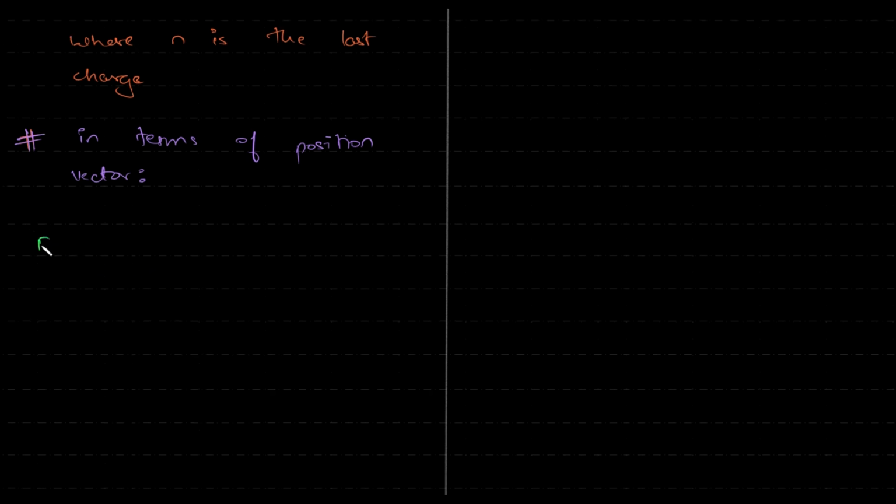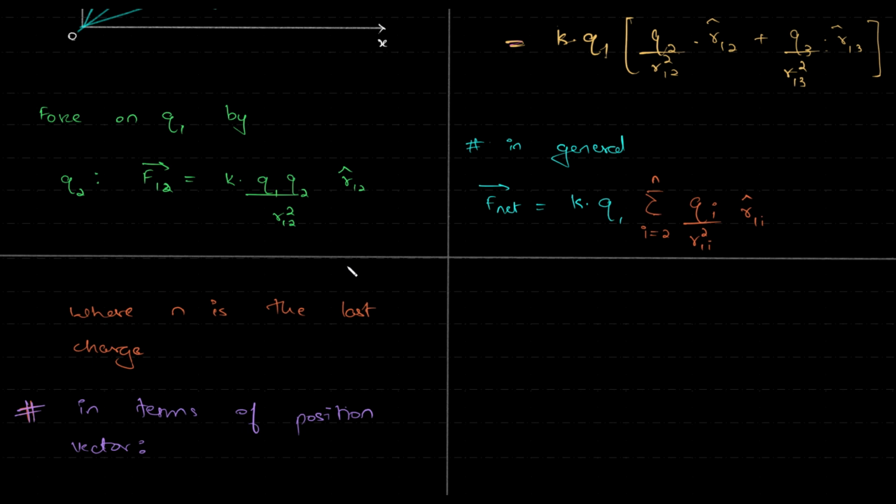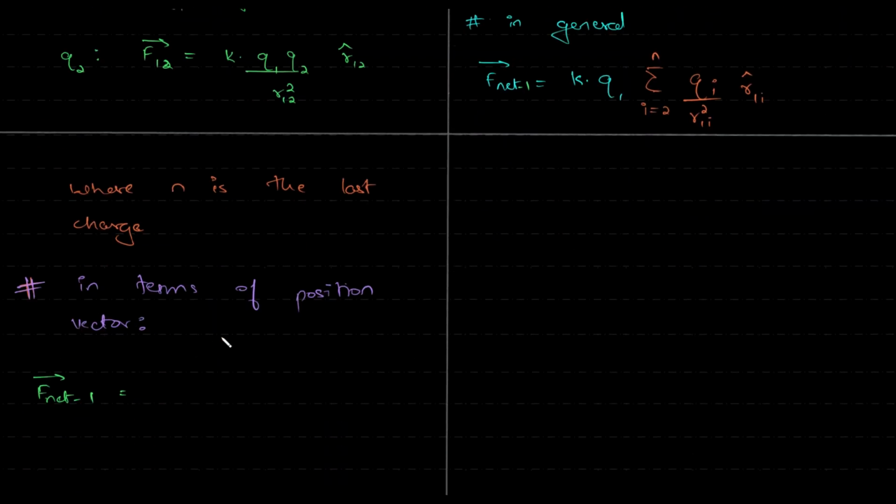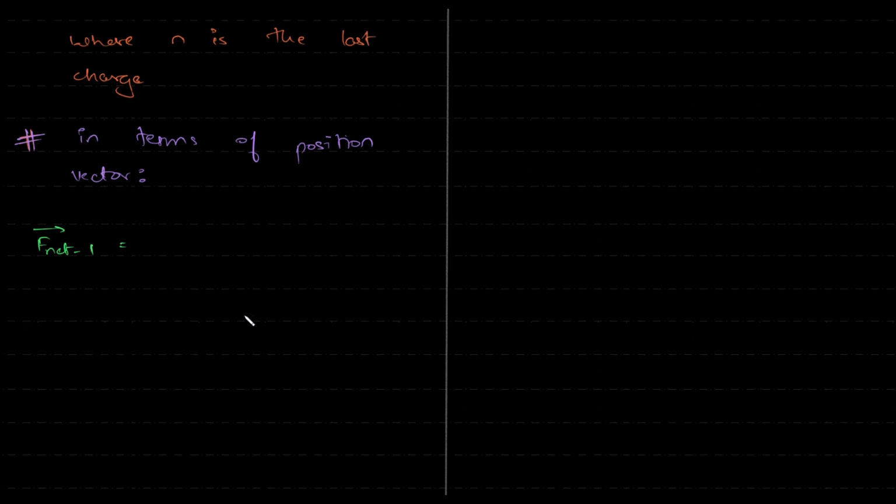We have F net on charge 1. We'll represent it with charge 1, which makes it a lot more presentable and gives more information.